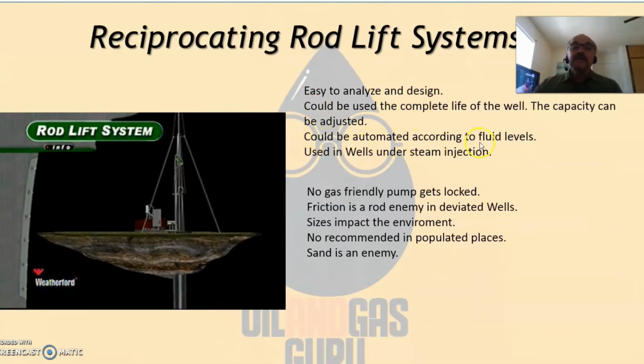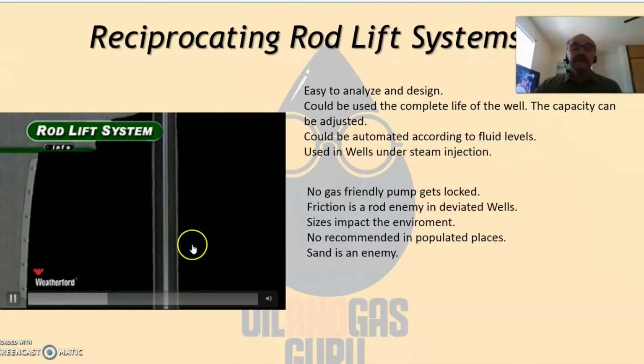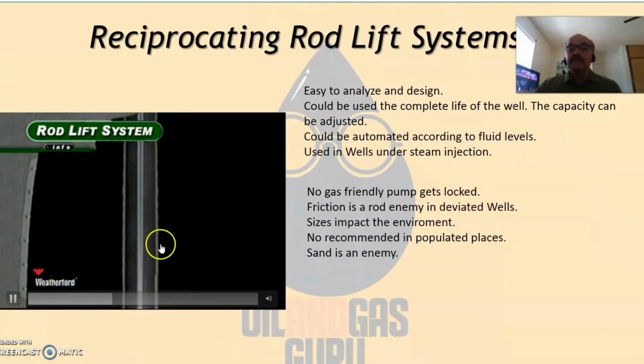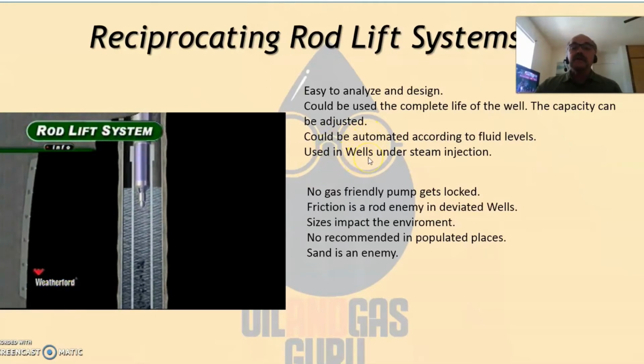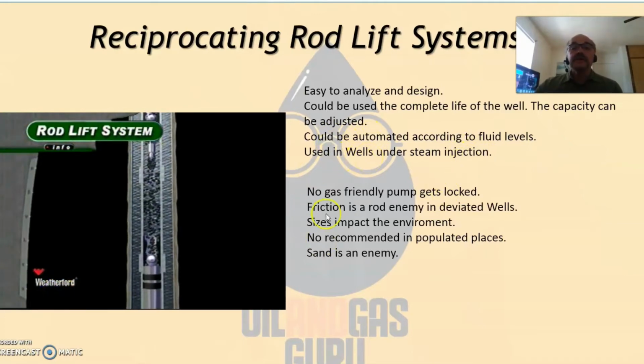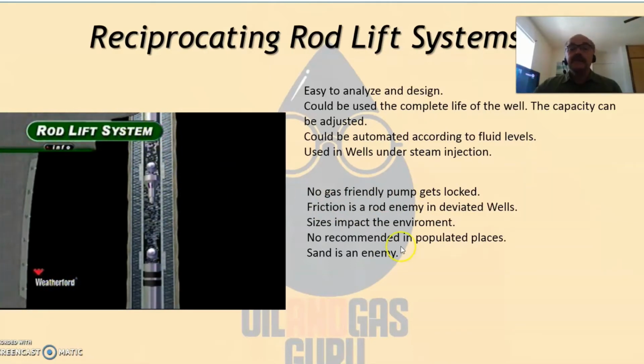It can be automated according to fluid levels. If the well or the reservoir is not producing much, I can force the unit to stop. It's used in steam injection projects, but it doesn't like gas because the pump gets blocked. The friction can damage the rods if we have deviated wells.